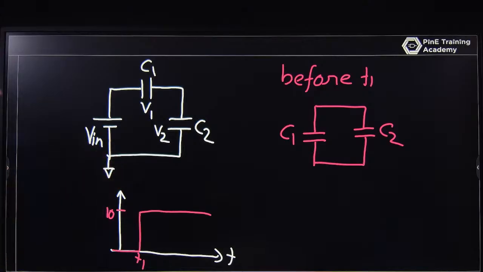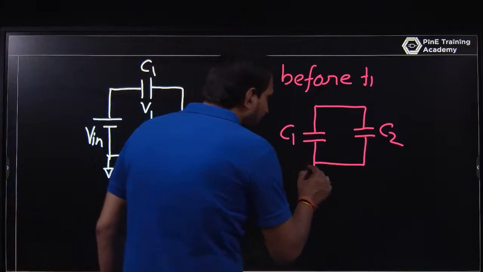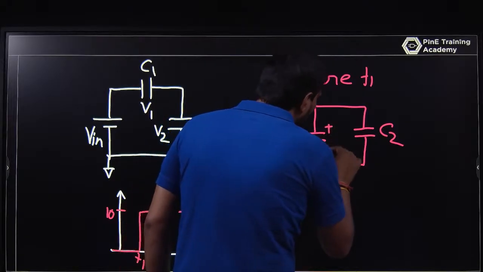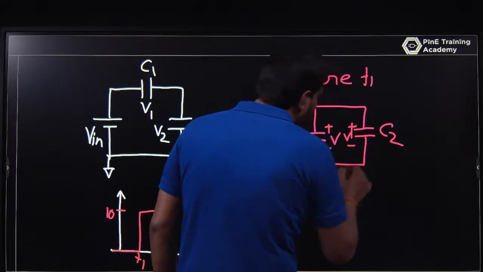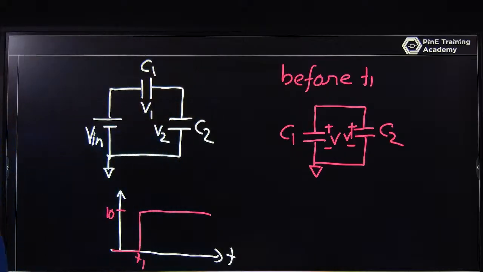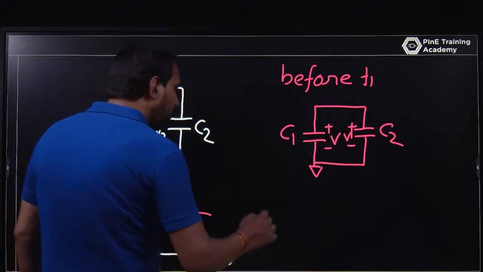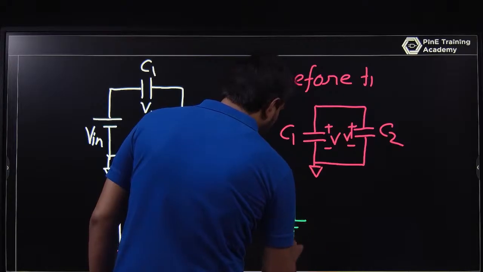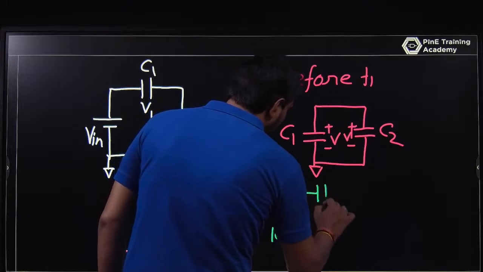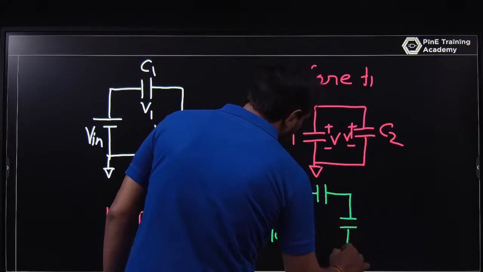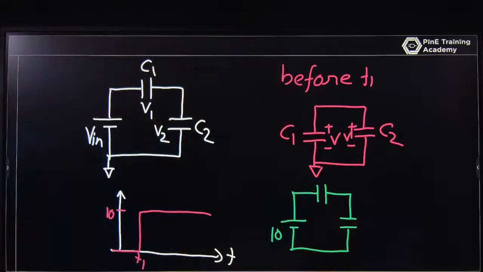So before T1 this has a voltage V and this has a voltage V, both have voltage V, and once the input voltage becomes 10, the capacitors are connected in such a way like this. And I don't know what the voltage is here.